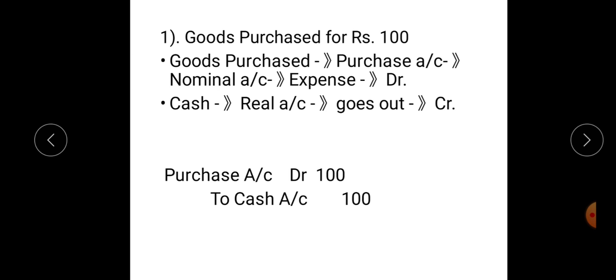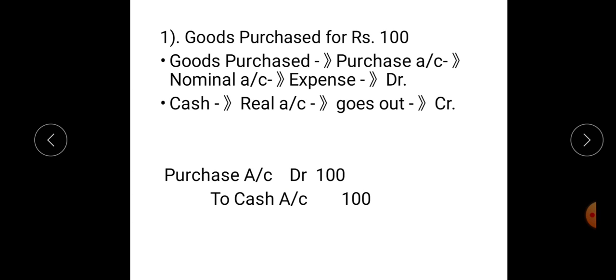Like here in our transaction, purchase account is debited, so we are going to write purchase first and then the other account. Here I have written purchase account debit. Remember the space I am giving between the characters.